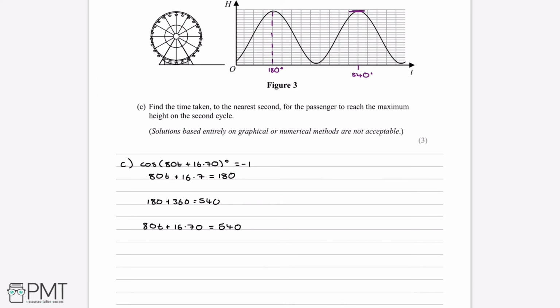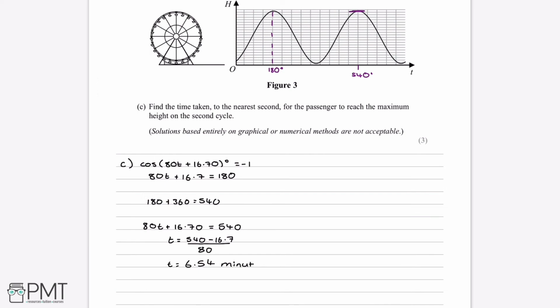So if we rearrange this and solve for t, t is equal to 540 minus 16.7 divided by 80. And if we put that into our calculator, we get 6.54, but that's 6.54 minutes.